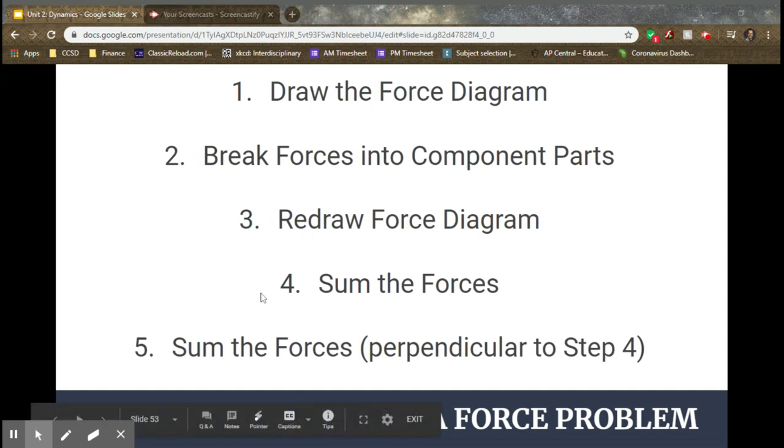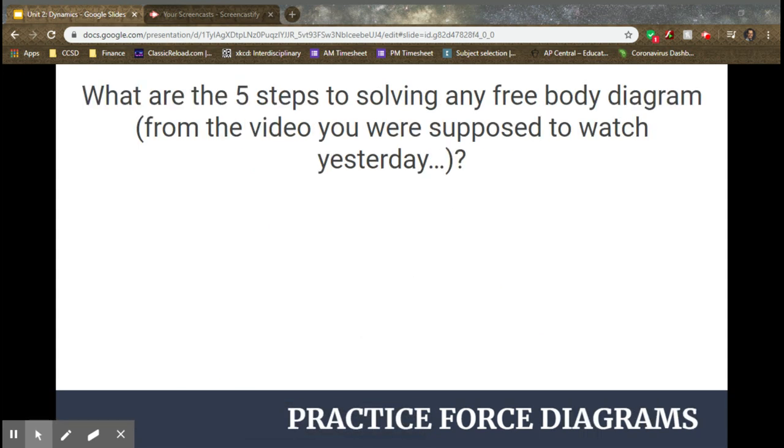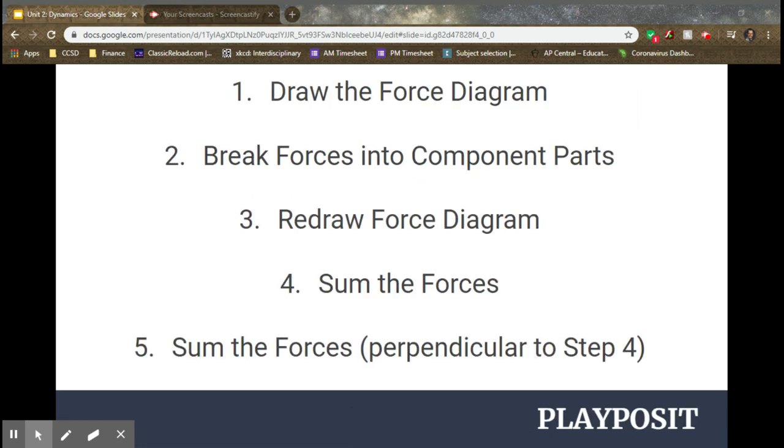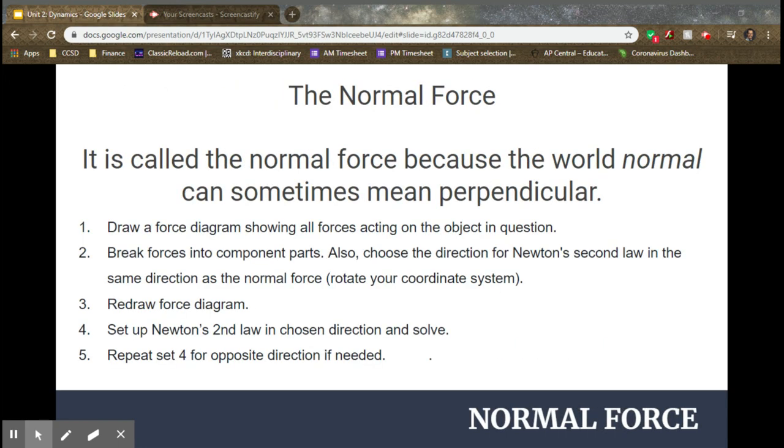So if in step 4, you looked at Newton's second law for the x direction, then in step 5, you might need to look at Newton's second law in the y direction. All right, those are your 5 steps. So that was a review slide. Let's go ahead. Okay, before I launch into how to use these steps, actually, first I'm going to describe the normal force.